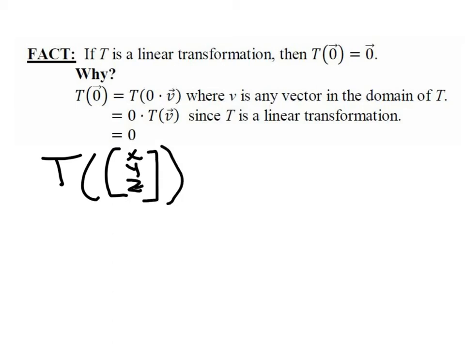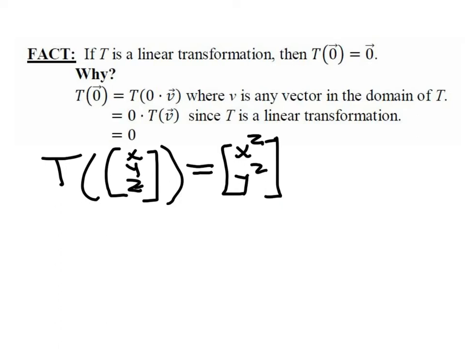A three-dimensional vector x, y, z is mapped to the two-dimensional vector x squared, y squared. It's true that if we input the zero vector in R3, 0, 0, 0, that is mapped to the zero vector in R2. This isn't actually a linear transformation, though.